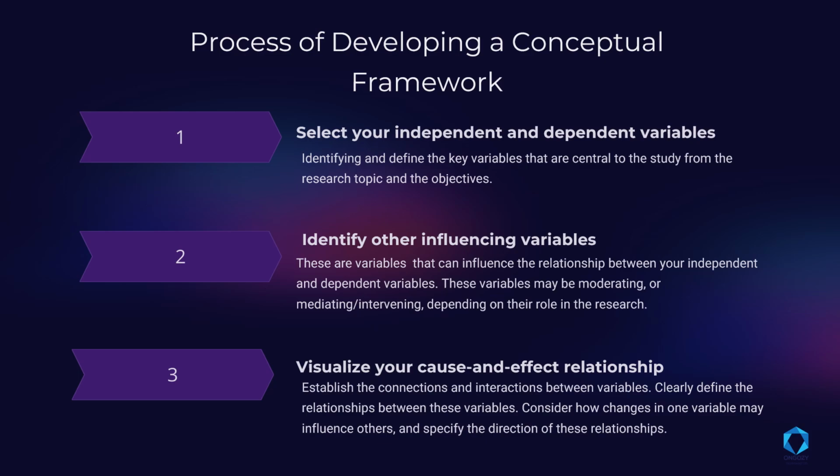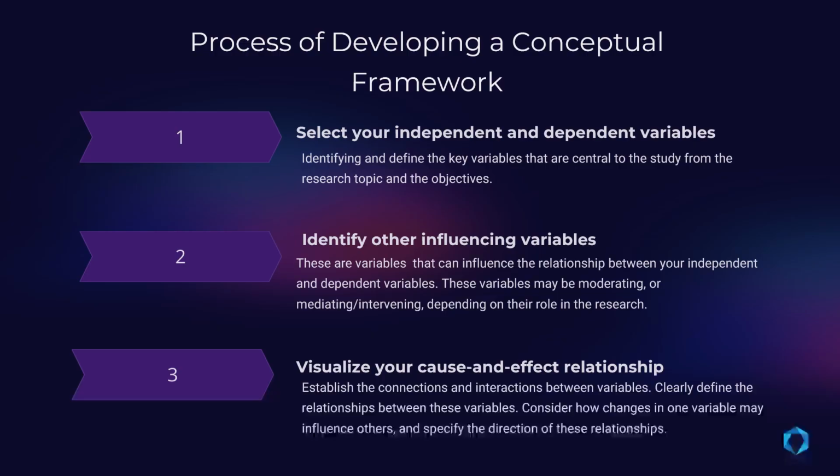Then visualize, because we have said this is a visual illustration. It's a diagram. So you have to see it first in your mind. Establish the connections and the interactions between variables. Clearly define the relationships between these variables.